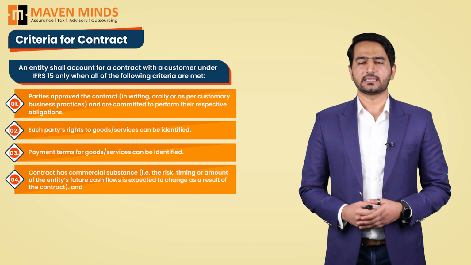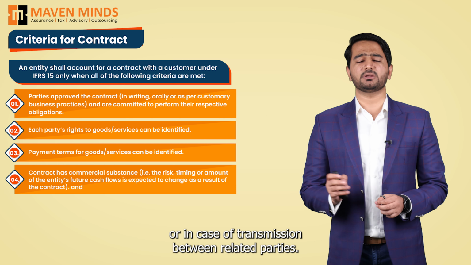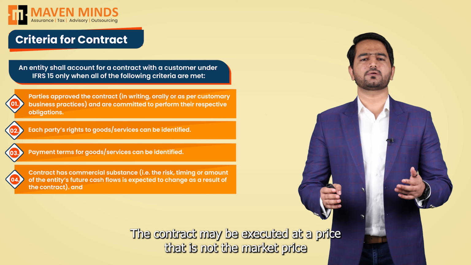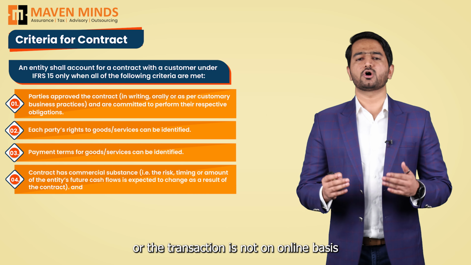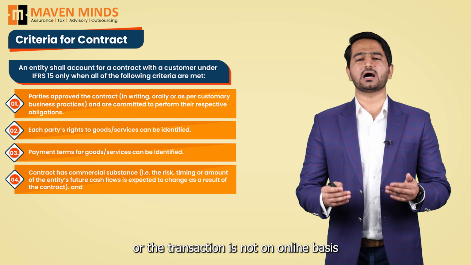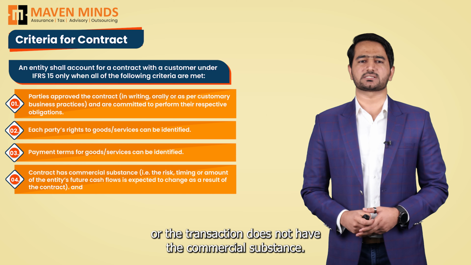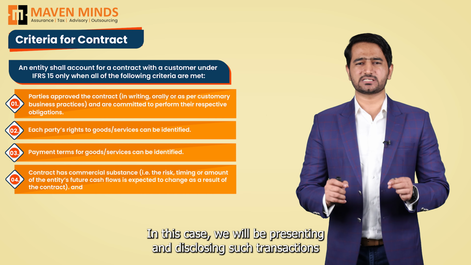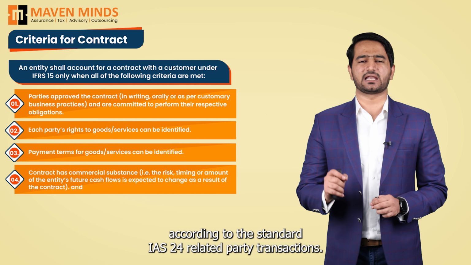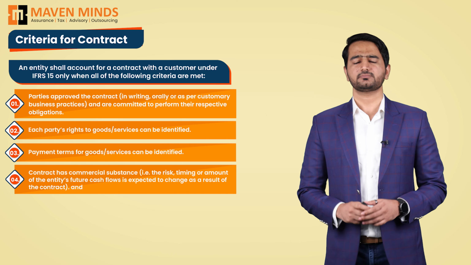For example, in case of transactions between group companies or between related parties, the contract may be executed at a price that is not the market price, or the transaction is not on an arm's length basis, or the transaction does not have commercial substance. In this case, we will be presenting and disclosing such transactions according to the standard IAS 24 related party transactions.